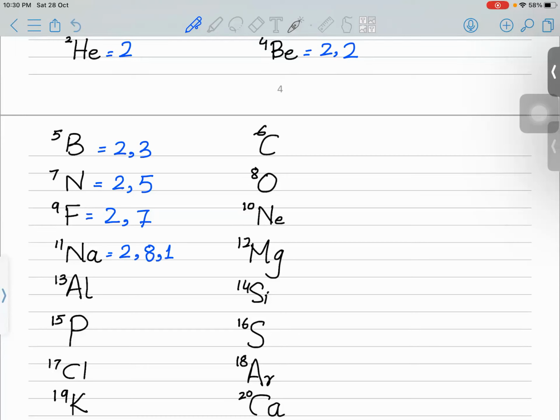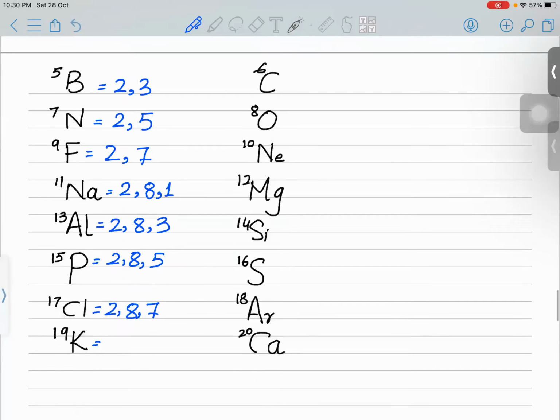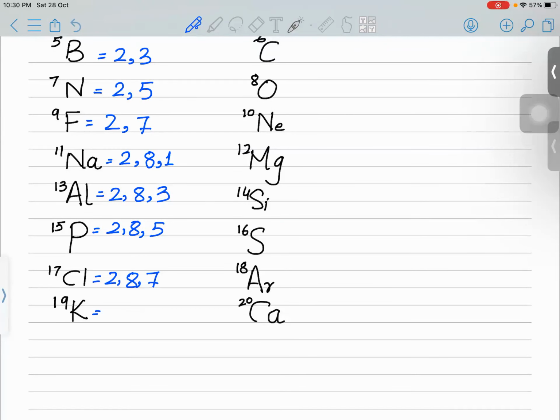Correct. Aluminium, 2,8,3. Now phosphorus, 2,8,5. Chlorine, 2,8,7. Potassium, 2,8,8,1.